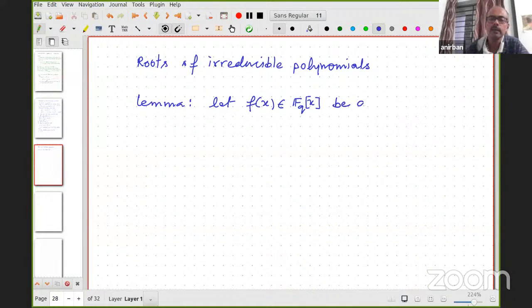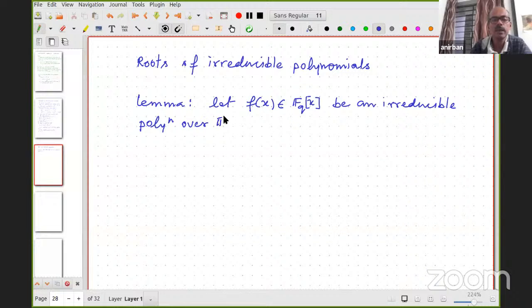Let f(x) be an irreducible polynomial in this ring. It cannot be factored in this ring.